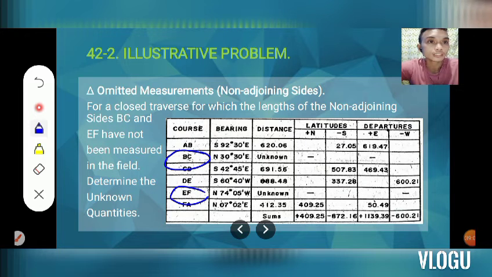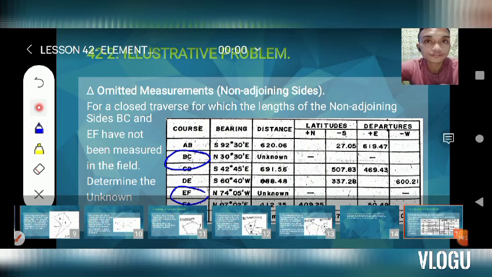In terms of latitudes and departures, latitude is negative when it is south. So, for AB we have 25.05.